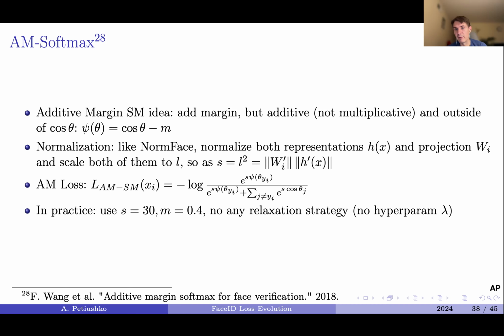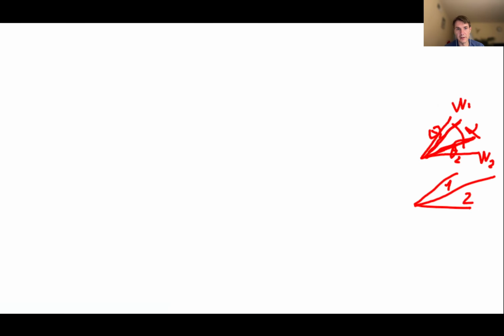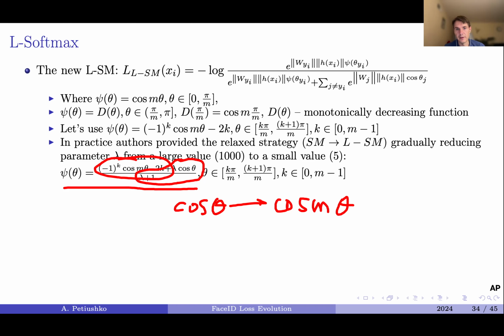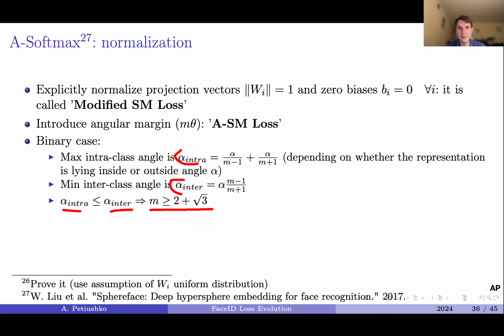So no hyperparameter lambda. And that's quite important, because here, let me just show, this is still quite unstable training. So we would need to gradually move from theta to m theta with this lambda, and this is L-softmax and A-softmax.